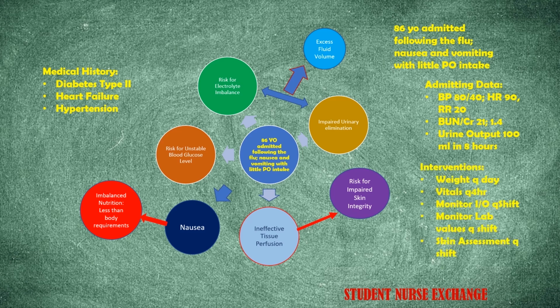So interventions, some examples. Make sure we get a weight every day. Remember, a 2-pound weight gain means that their congestive heart failure is getting worse. And when somebody's in renal failure, they're even more prone to weight gain, so we want to watch that. Vital signs should be at least every 4 hours.